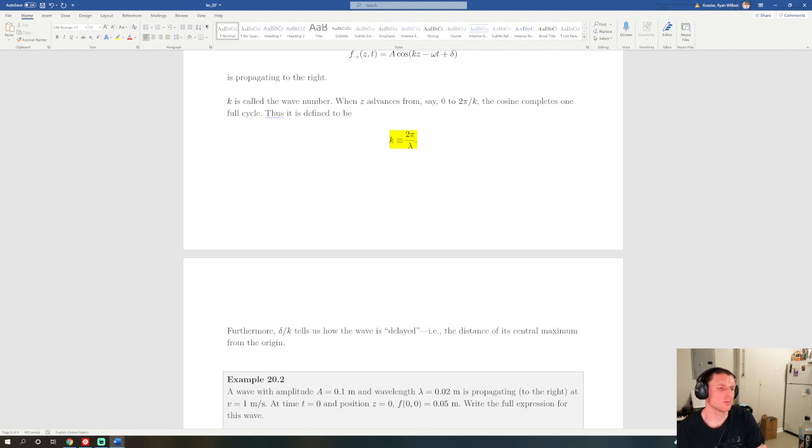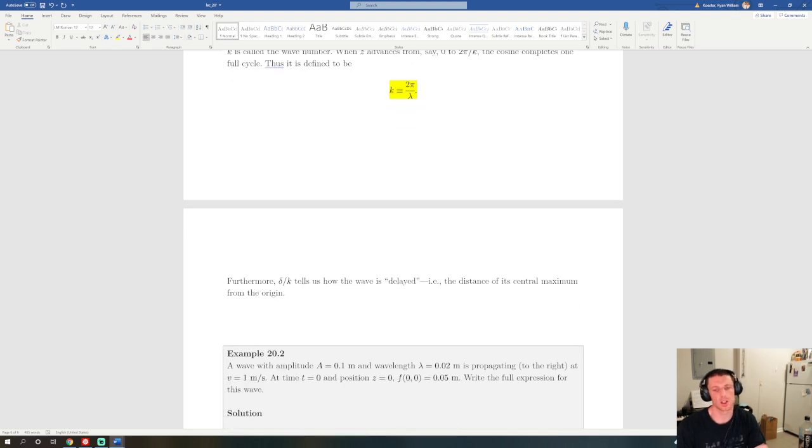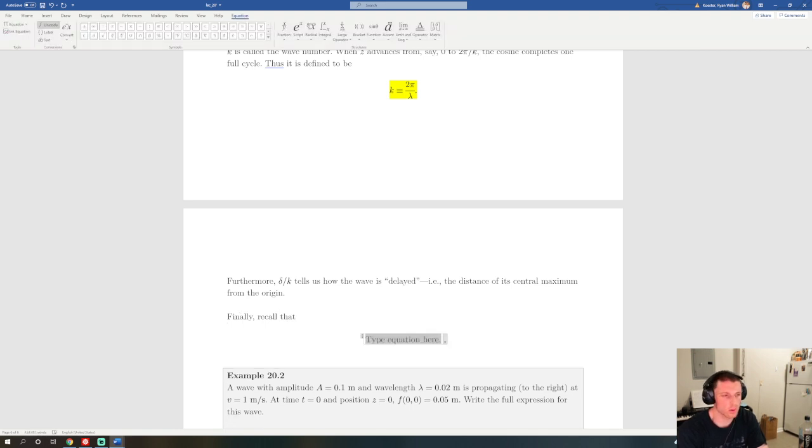Okay. So the last thing in terms of this little section where we're just defining things that are going to be useful is that, finally, recall that in the video on simple harmonic motion, we said that we can write the angular frequency in terms of the linear frequency like this. We just multiply the linear frequency by 2 pi, and that gives us the angular frequency.